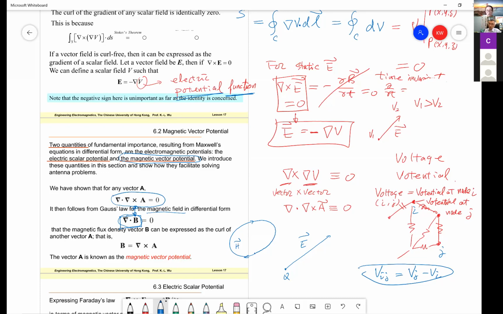We can say B can be represented by this, because its divergence is equal to 0. Now we define B is this. Then we call vector A the magnetic vector potential function.